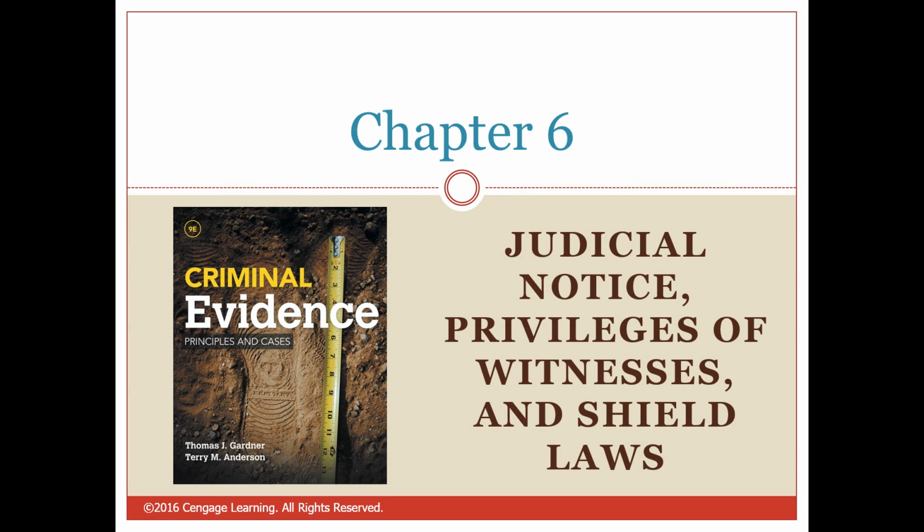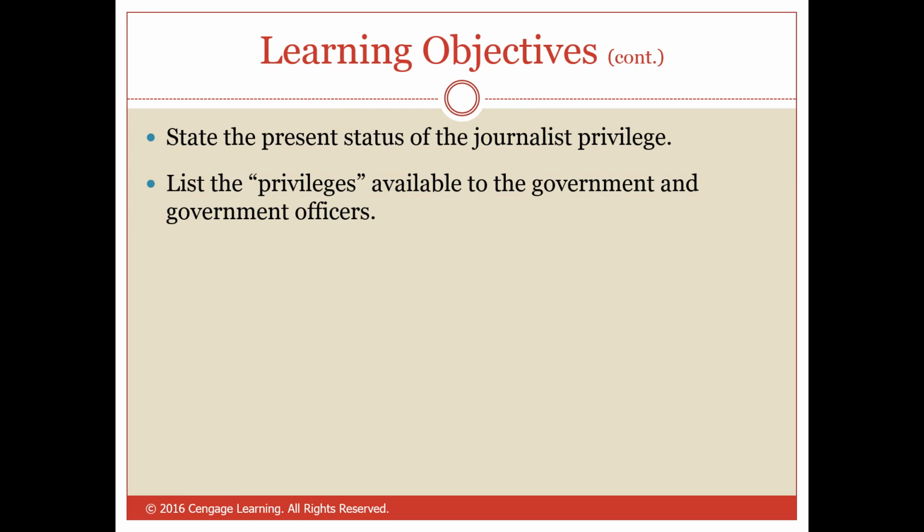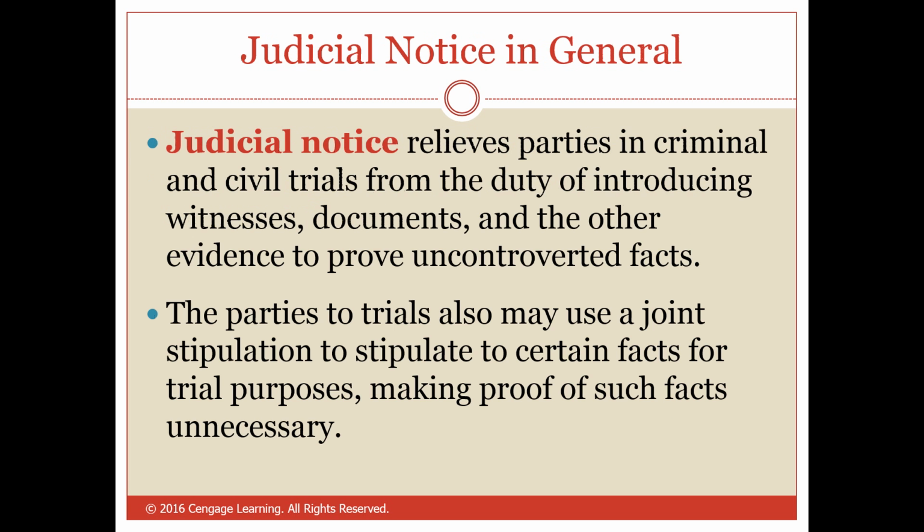So, first of all, you can read those learning objectives, but I want to talk about judicial notice. What judicial notice really is, is simply a shortcut for the court, because there are some things that you're going to ask to be brought in as evidence in a particular case that have already been proven to be fact, either through other trials or through scientific research or through other means. We already know that these things may be uncontroverted facts.